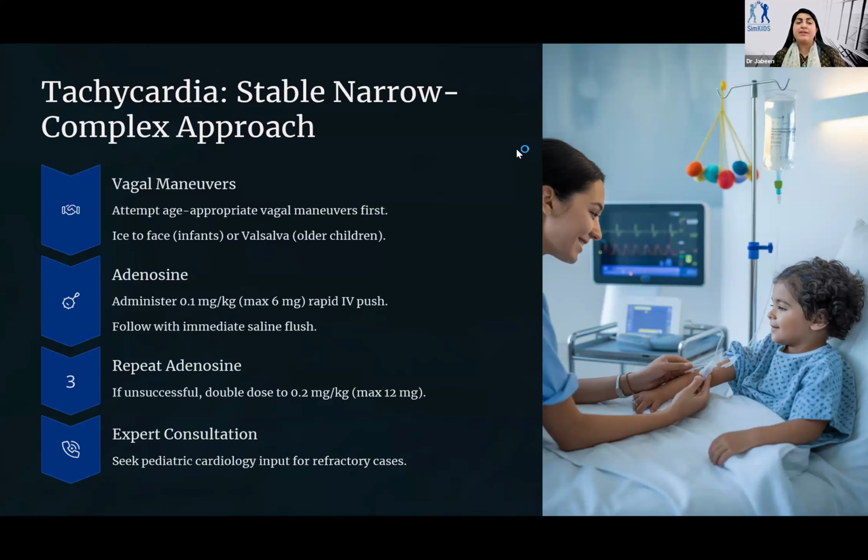The method of giving adenosine is very, very important. There are multiple described in the literature, but as we all know, adenosine is very short-lived. So there needs to be a two-way stopcock attached to your IV line. The IV access should be as near to the heart as possible.